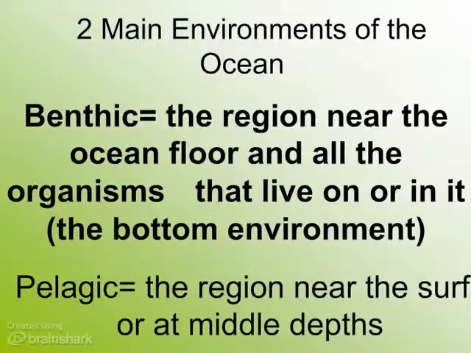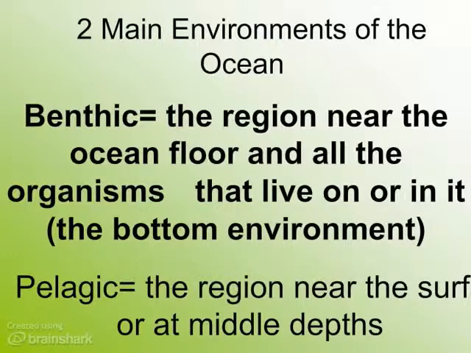There are two main environments of the ocean, the benthic and the pelagic. Now, these are not actually zones, but environments. Benthic, you can think of the benthos. This is on the bottom, so B for bottom. Benthic environment is the region near the ocean floor and all the organisms that live on or in it.